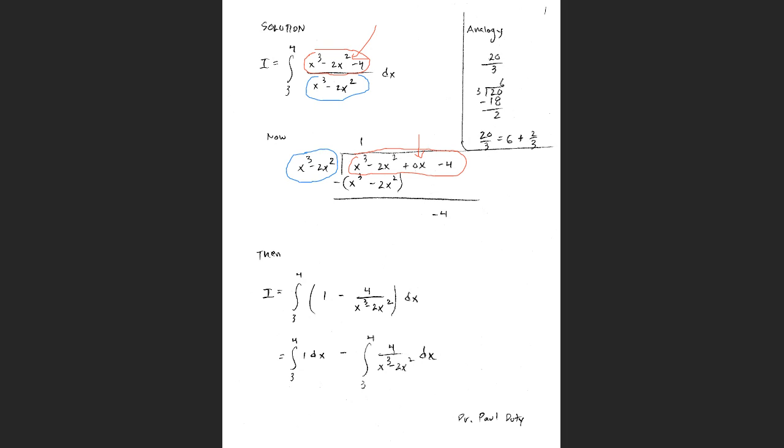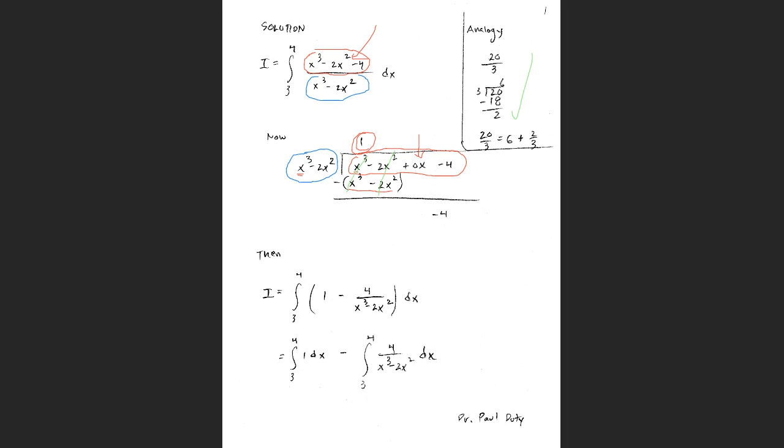Now I say, the highest power is x cubed in both of these polynomials, and x cubed goes into x cubed 1 time. So I put a 1 there, and 1 times x cubed minus 2x squared is x cubed minus 2x squared. I'm going to subtract that, and I'm going to get cancellation, and I'm left with the remainder of -4. This process is no different than dividing 20 by 3.